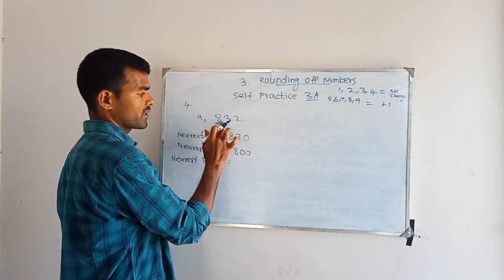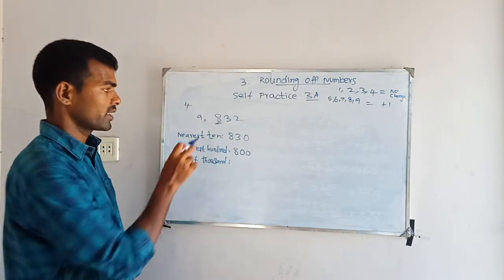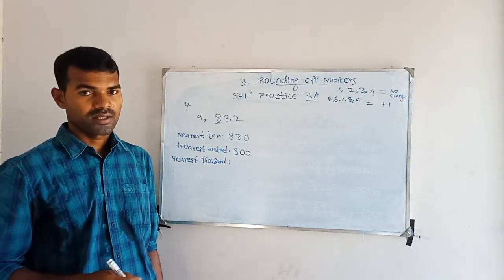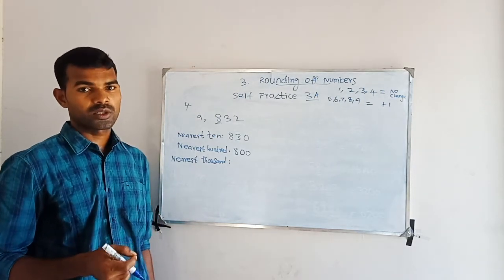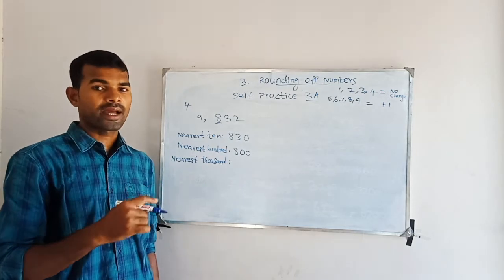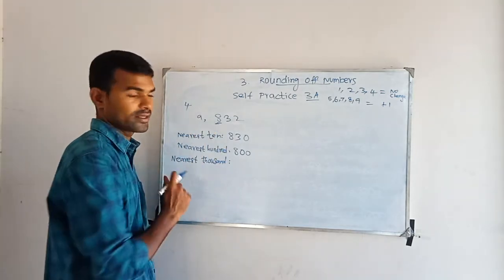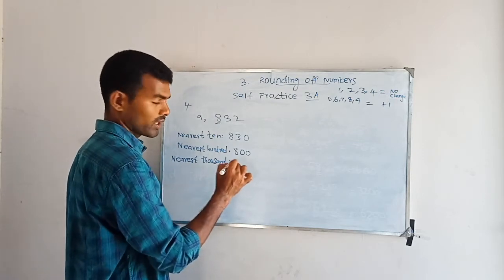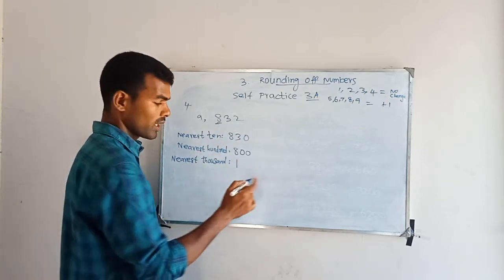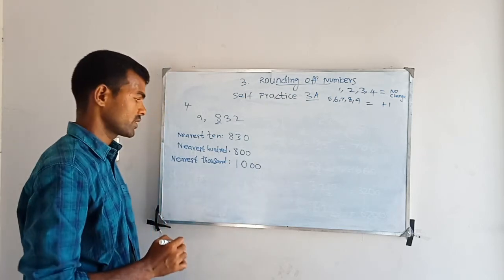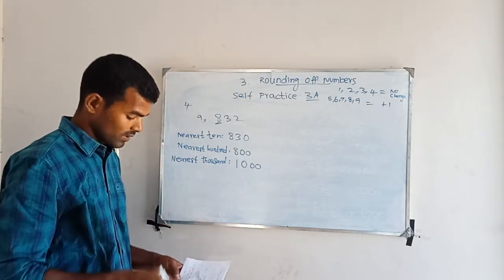Here the hundreds place is 8. If the hundreds place 8, what we will do? To the thousands place, we will add 1. So since 8 is there, thousands place, write 1. And ones place 0, tens place 0, hundreds place 0. Yes, this is the nearest 1000.